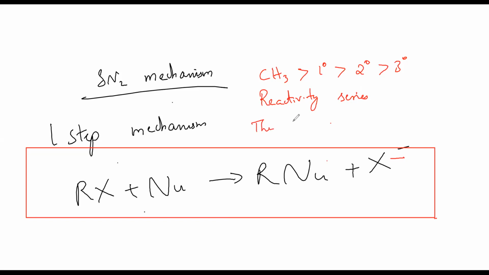There it was first order, here it is second order. SN1 was first order, this is a second order reaction. So these are the important things which you have to know.